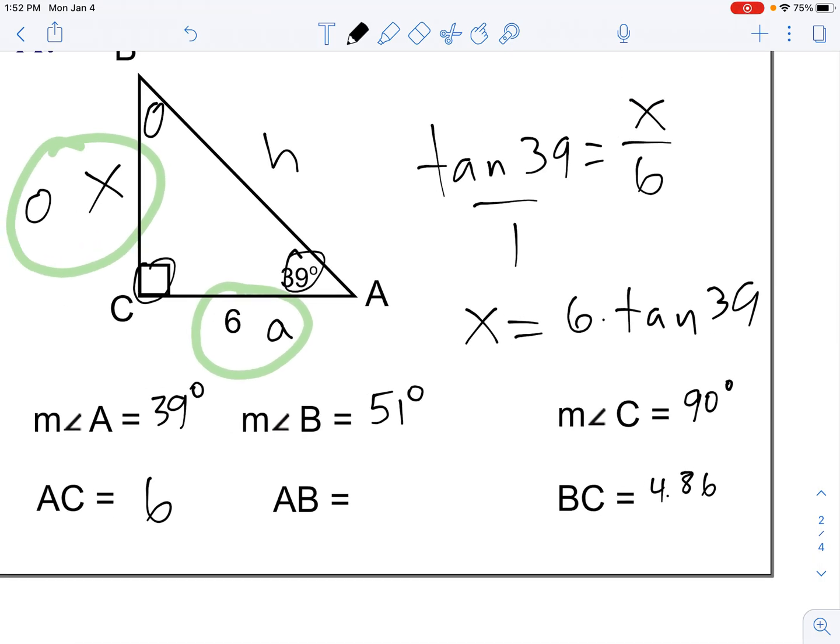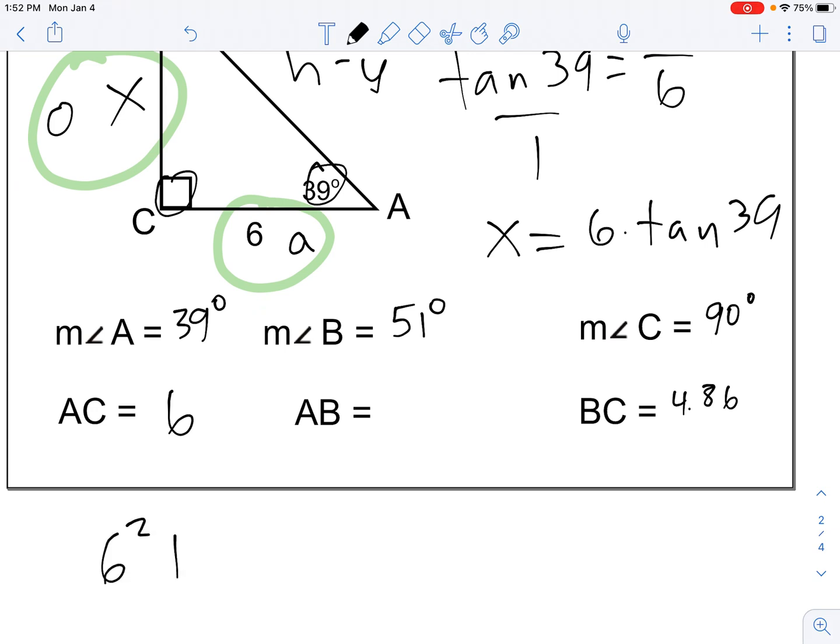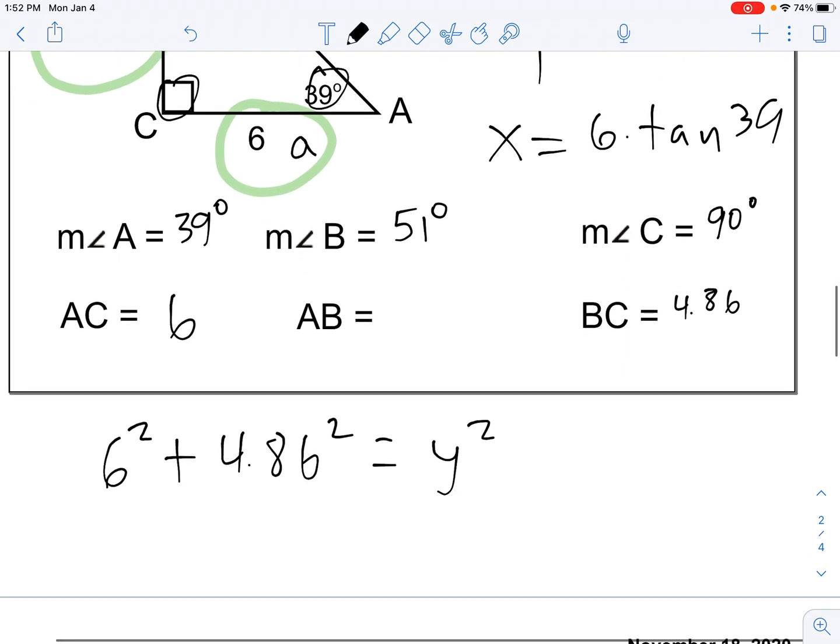All right. Then we have to find the 3rd side. In this case, it's AB. We'll call that y if we want to. You could set up another trig ratio, or I would do a squared plus b squared equals c squared. 6 squared plus 4.86 squared is equal to the hypotenuse squared.